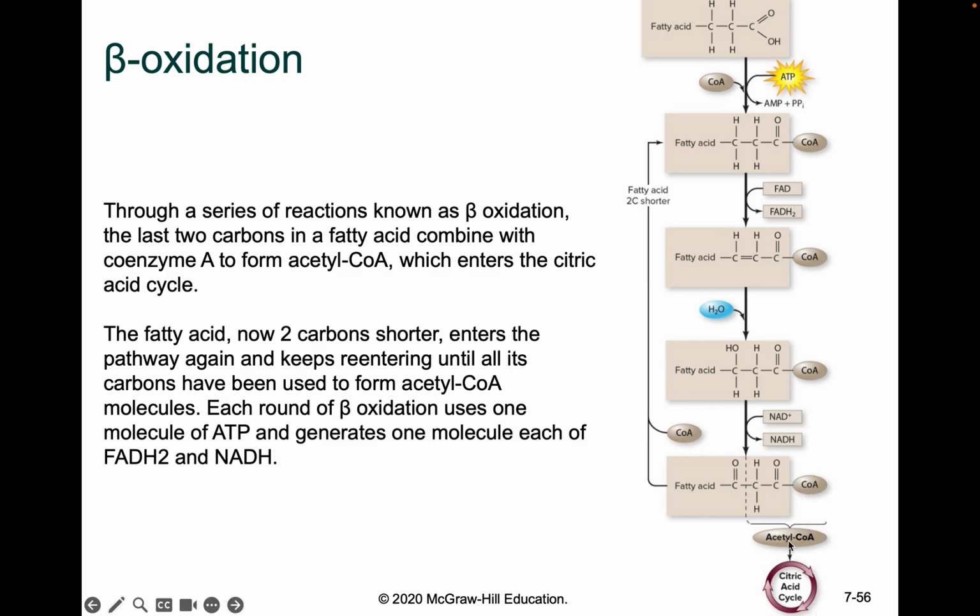So you can have quite a lot of acetyl CoAs from a fatty acid. I'll give you an example. Imagine you have a fatty acid that has 10 carbons. We can break that into five acetyl CoAs, because beta oxidation will always break the last two carbons. You'll keep breaking the last two carbons until it's done.